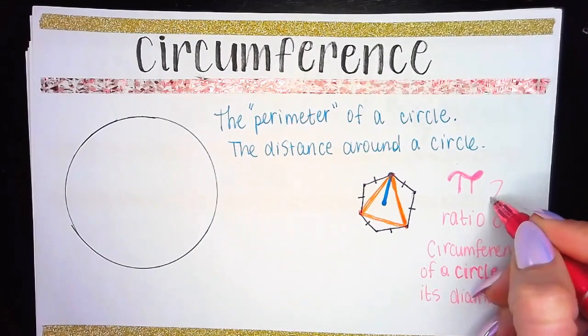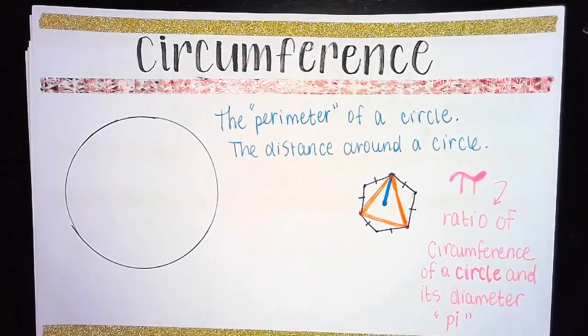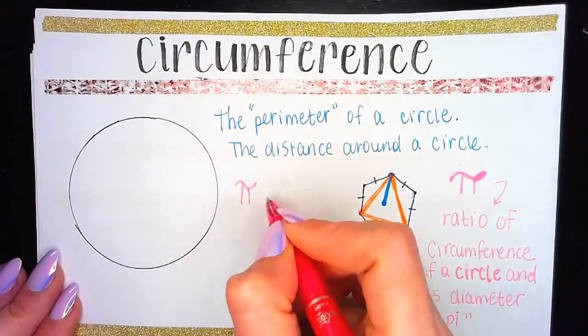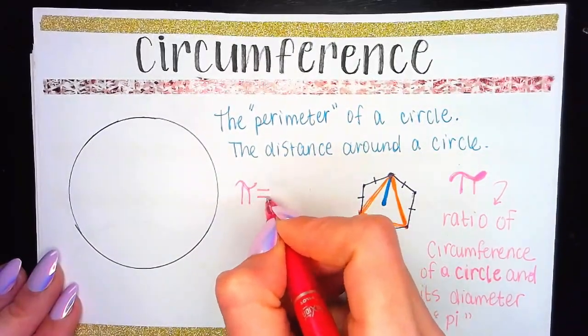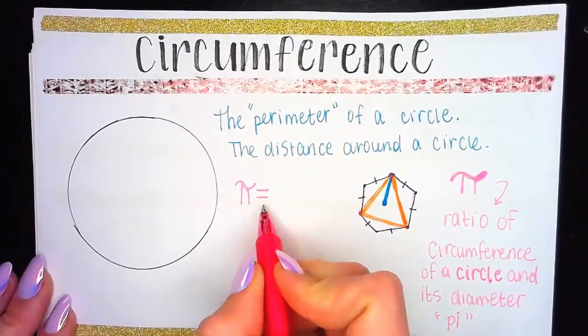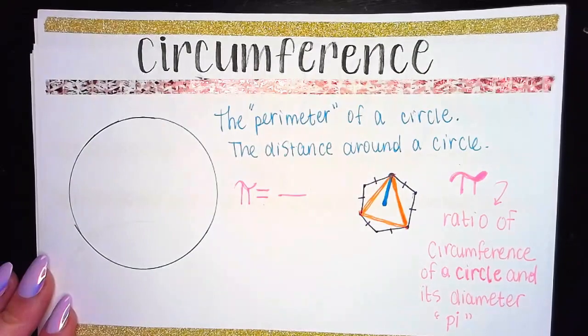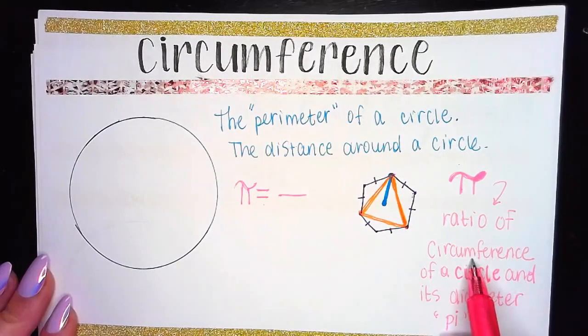If that's the definition of pi, what does the word "is" mean in math? Is means equals. Any form of the verb to be means equals. Pi is a ratio, which is a proportion, of the circumference.